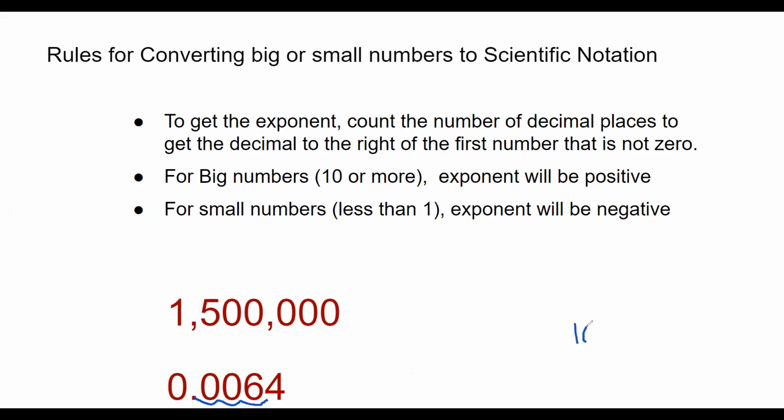So our answer is going to have 10 to the third, but because it's a small number, it's 10 to the negative third. And then let's fill in what our number is. We have a 6 to the left of the decimal. Remember, we will always have one digit there. And then 0.4. 6.4 times 10 to the third would be the answer to that problem.